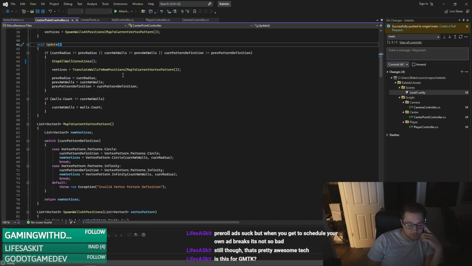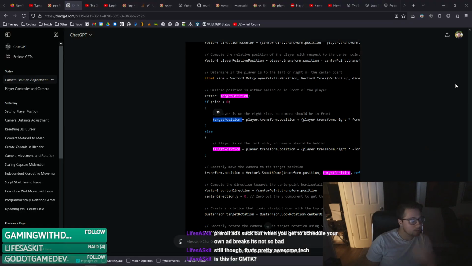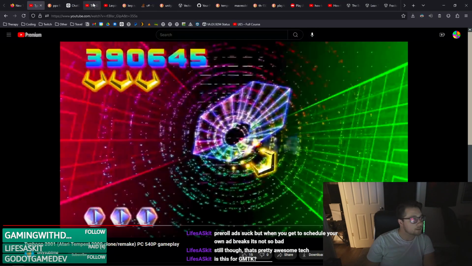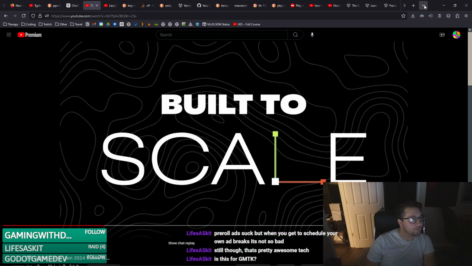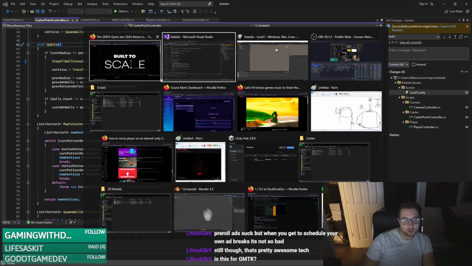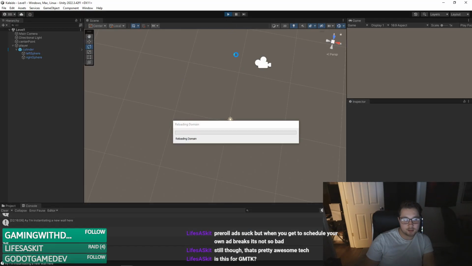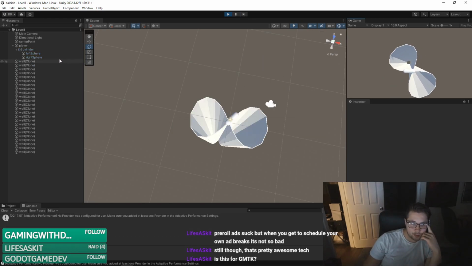Yeah, this is for GMTK. What is it? Built to scale. Yeah, I'm trying to figure out how to implement the whole scale aspect, which is why I'm hoping what I can do eventually is sort of adjust the radius in real time.